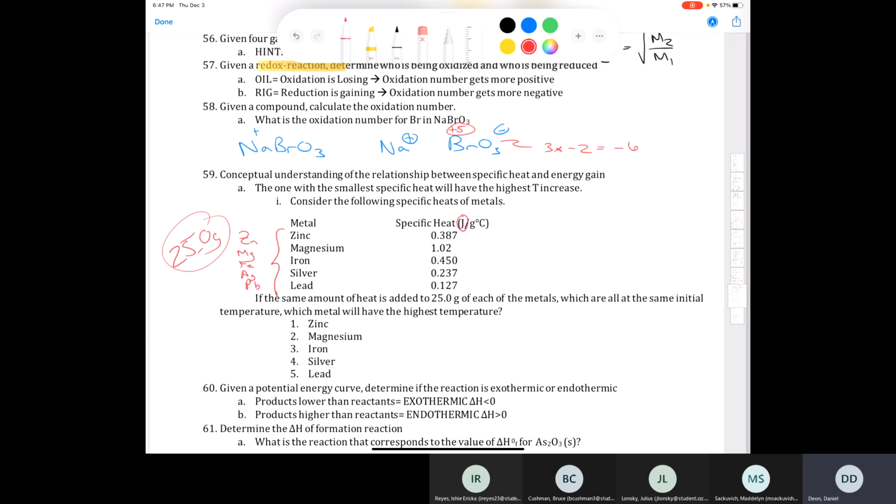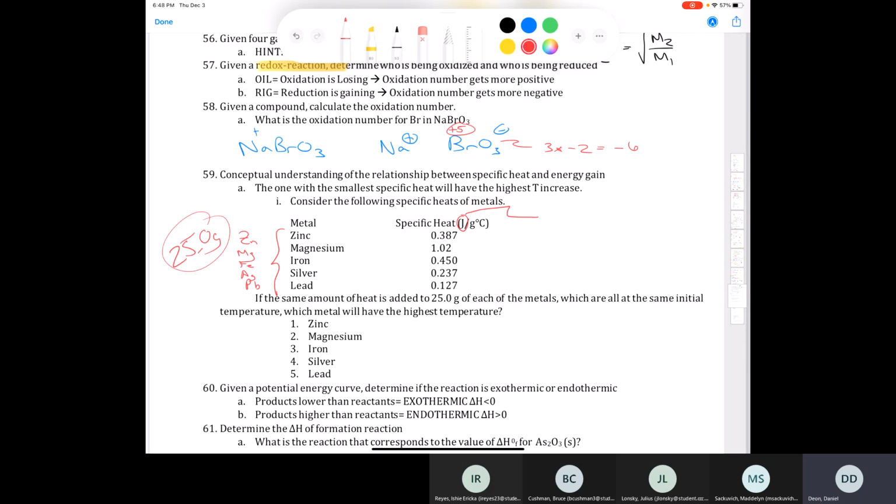So if you're adding the same amount of heat, right, which one's going to heat up the fastest? It's the one that's got the lowest specific heat, right? It's going to heat up the fastest.